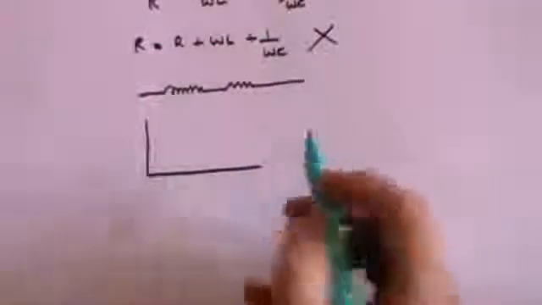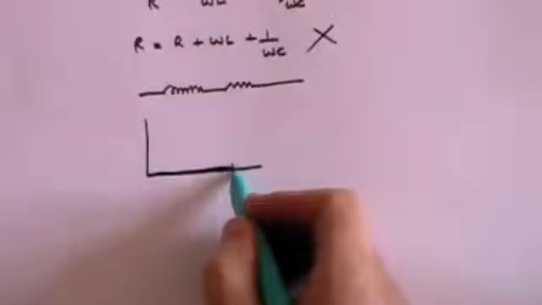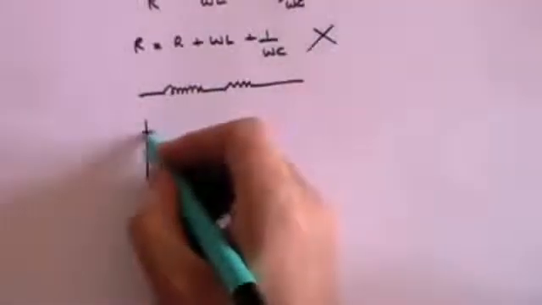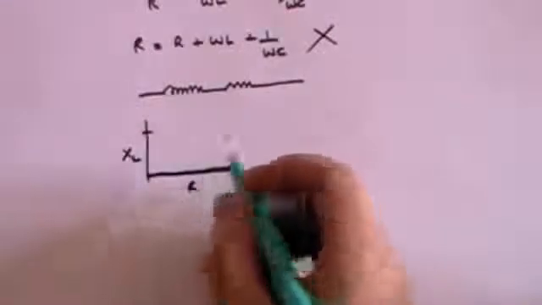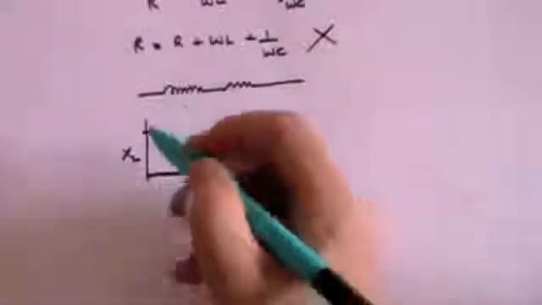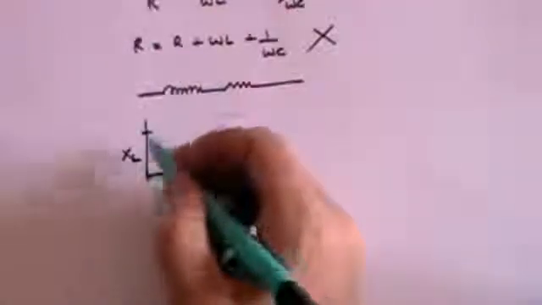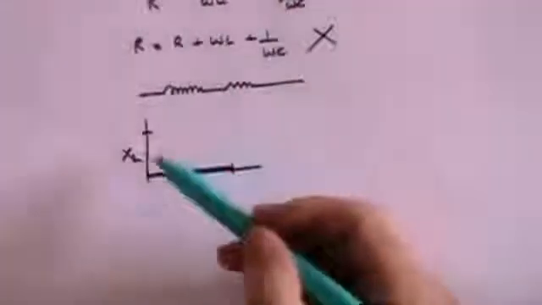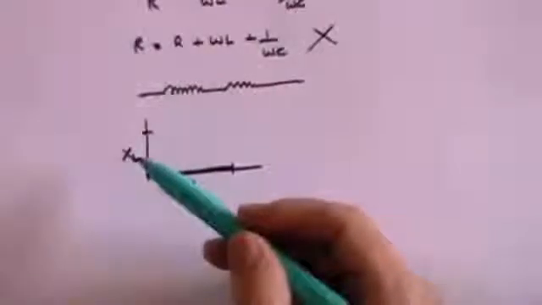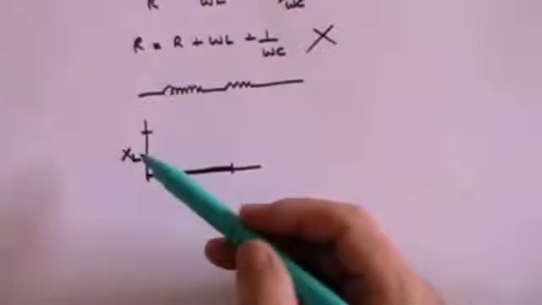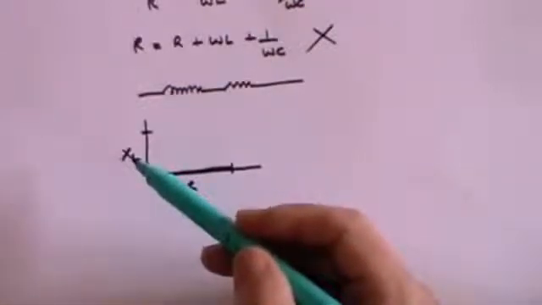You would have to draw your phasor diagram, which would have the resistance here, so this would be length R for the resistance, and your reactance would be in the vertical direction. Incidentally, you can show dimensionally that the reactance for the inductor and indeed the reactance for the capacitor are in units of ohms, so they have a resistance dimensionality.